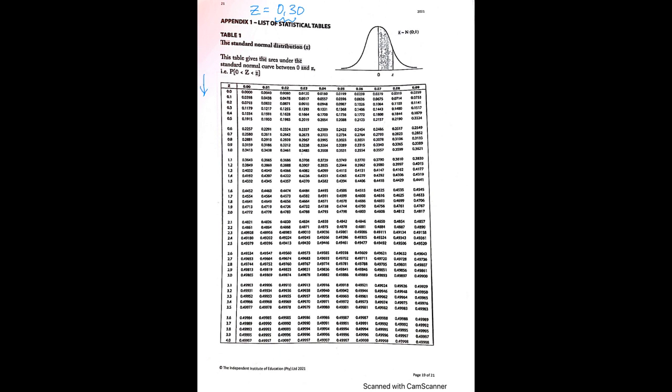So here is 0.3, and the 0, which is here, there'll be a 0.0 ahead of it. So it'll be 0.00. So here it is here. So in line with that 0.3 and the 0.00, it'll be 0.1179.